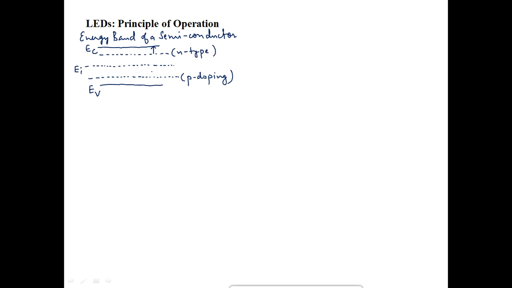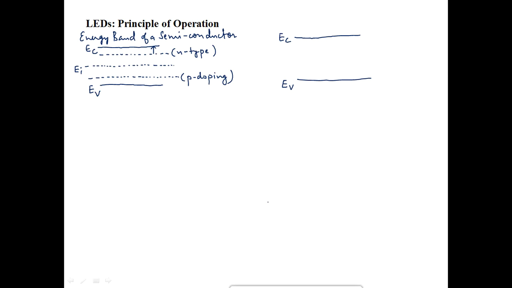Now the point is, what if energy is supplied to a semiconductor? What happens? We'll just focus on the valence band and the conduction band.